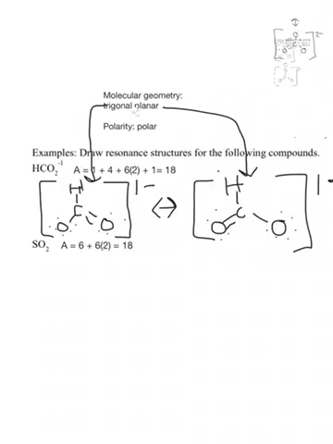So that gives you trigonal planar. And the polarity of these molecules is polar because look, even though carbon does not have any lone pairs, the atoms surrounding it are different. We have one hydrogen here, one oxygen here, one oxygen here, so that makes the distribution of electrons uneven. So there is a negative and positive end. It is a polar molecule.